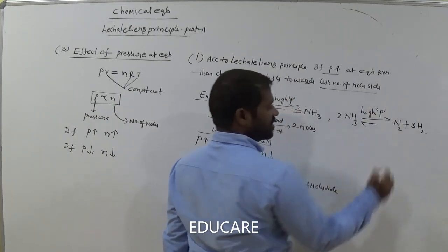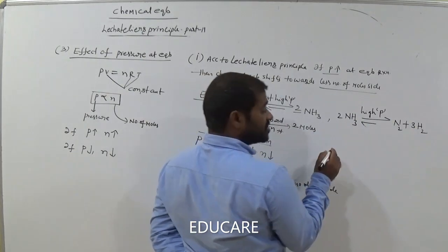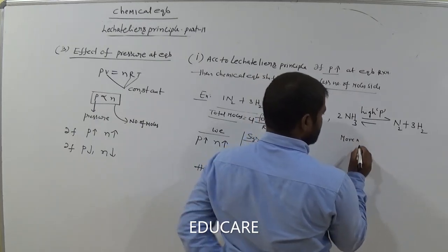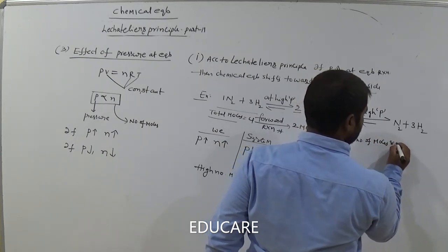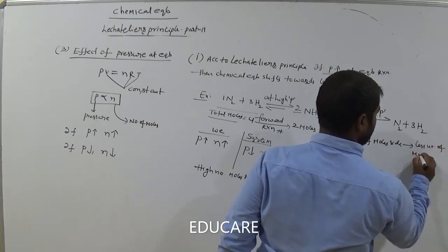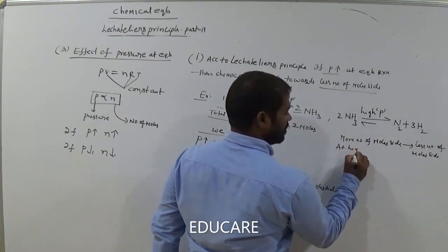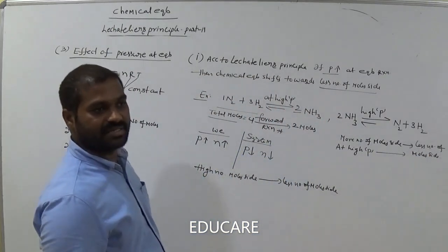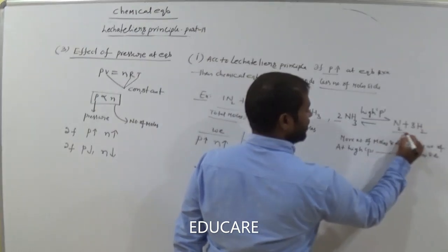At high pressure, the equilibrium position shifts from the more number of moles side to the less number of moles side, simply. Here we have 2 moles, here we have 1 plus 3, 4 moles.